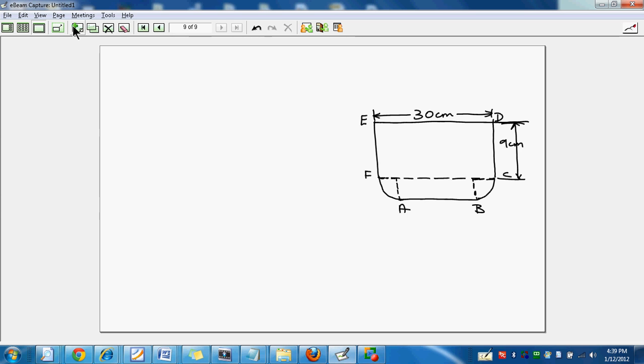Full stop. DC and EF are vertical edges.